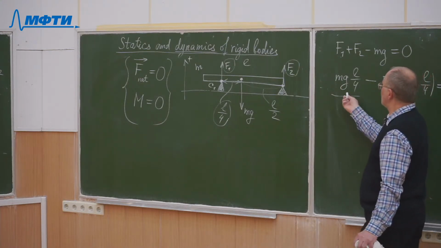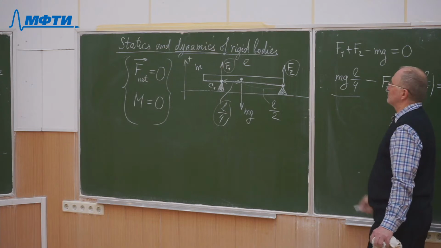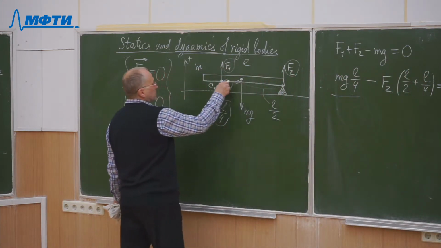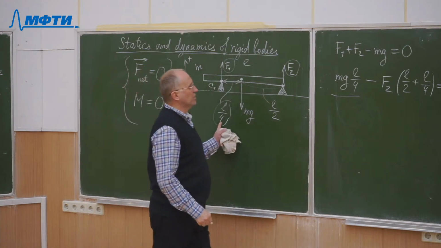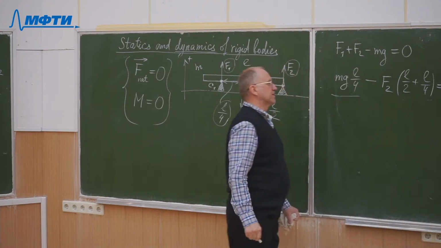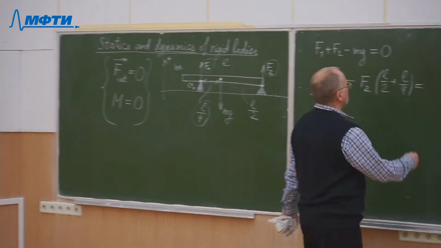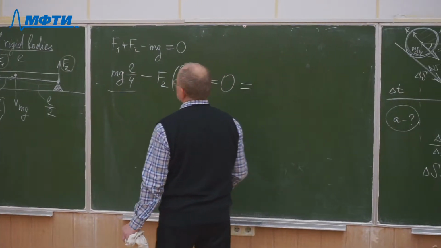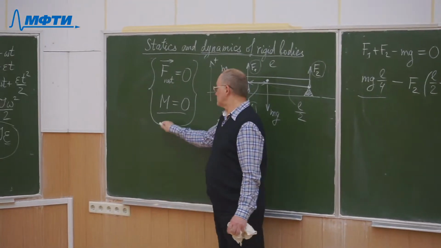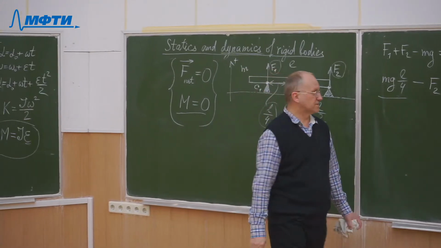Each torque is the force times the arm of the force. This arm is just L/4, and this arm is given by this round bracket. So this must be 0. We know beforehand because such is the condition for static equilibrium. Total torque is 0.